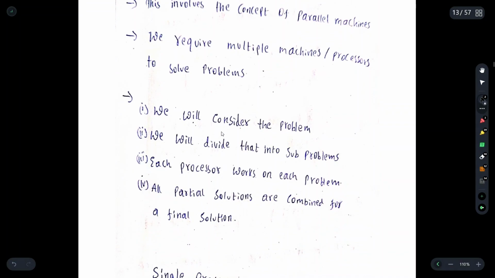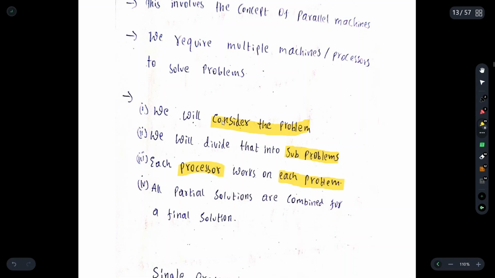We consider the problem and divide it into subproblems, and each processor works on one subproblem. All partial solutions are combined for the final solution.